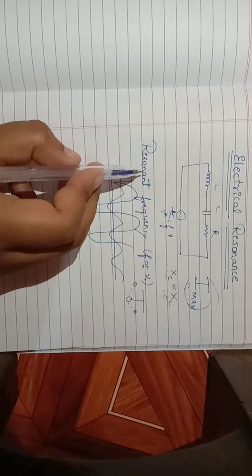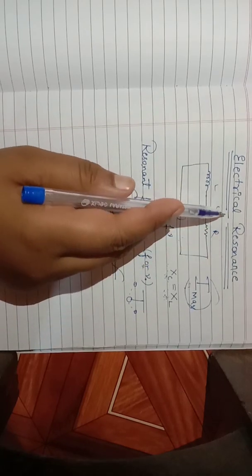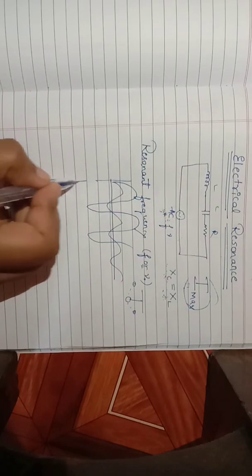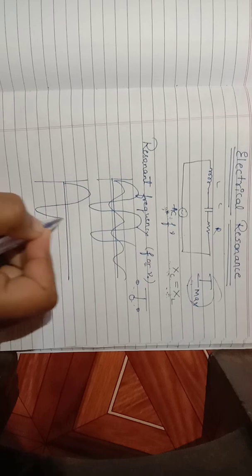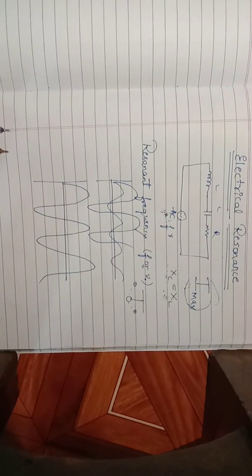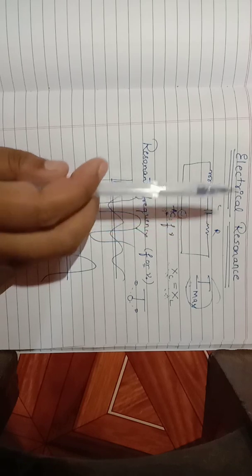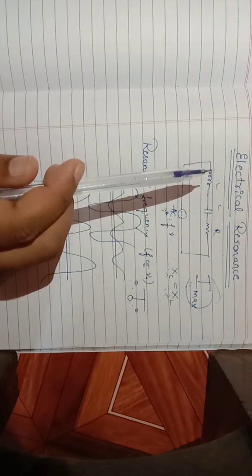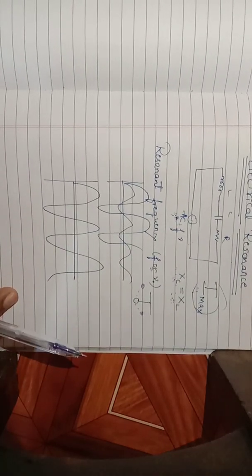The amplitude of the AC oscillations is maximum at the resonant frequency because of the achievement of electrical resonance. So this is exactly the electrical resonance condition taking place.